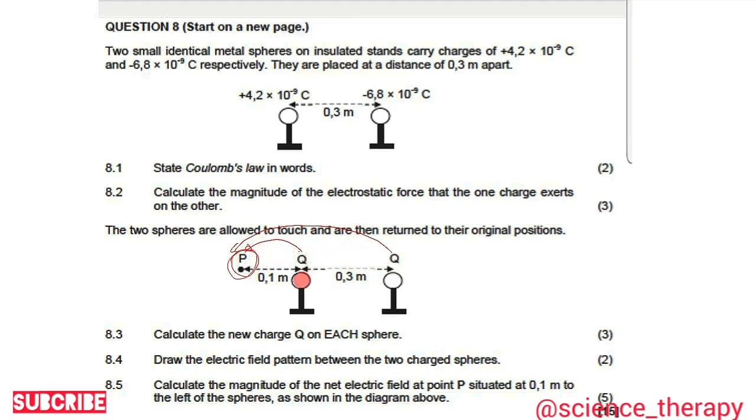Now you will remember that we have the new Q for each of the spheres, which is 1.30 times 10 to the exponent of negative 9. So each sphere possesses this magnitude of charge. In order to calculate the magnitude of the net electric field at point P, we do this.